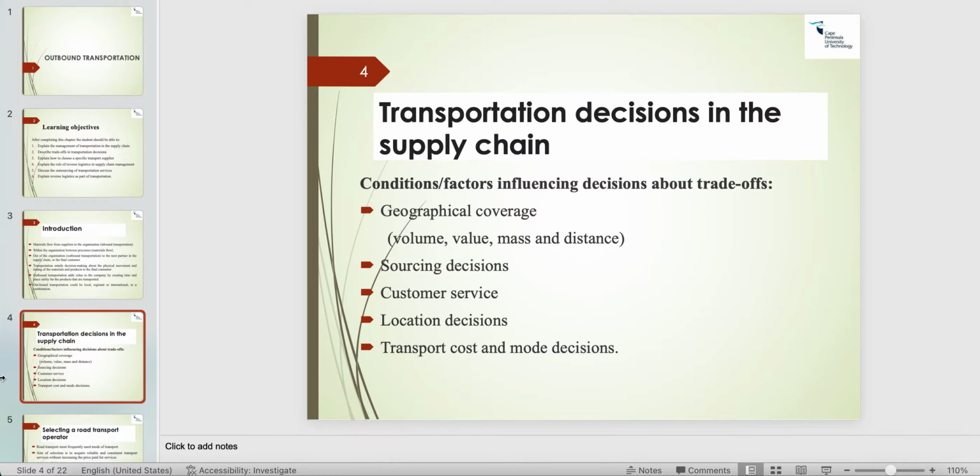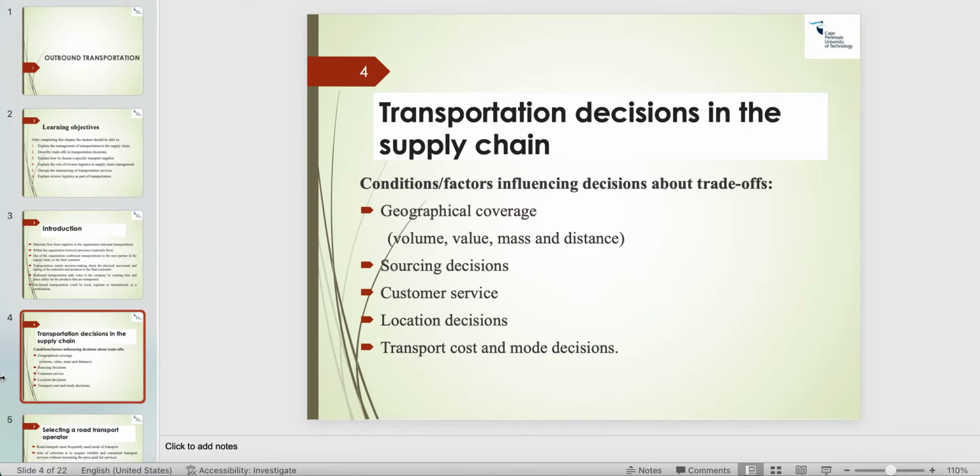The cost is high to serve distant or rural markets because you have to reach out. The type of product transported, in terms of bulkiness, that is volume; in terms of value, that is the cost of the product; and in terms of mass, that is weight, could affect the decisions to offer services to widely distributed or dispersed markets.